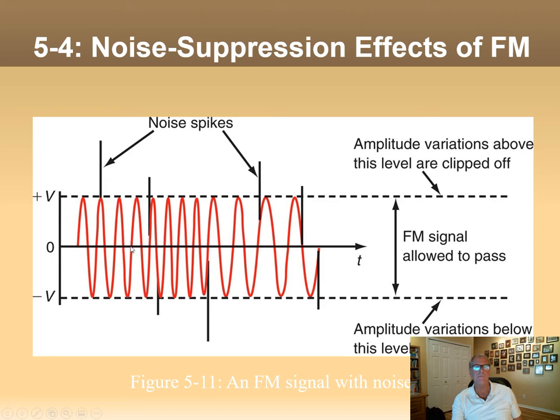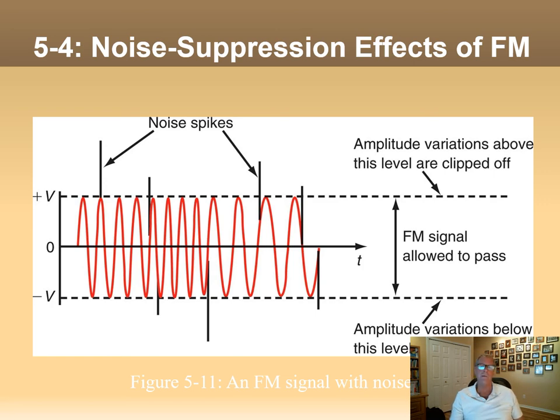It's going to get hit every single time. And if that happens to line up with the zero crossing, your FM signal is going to really suffer. So FM is certainly more immune to noise than AM by an indescribable magnitude. It's huge. That's why it sounds so quiet on your FM dial.